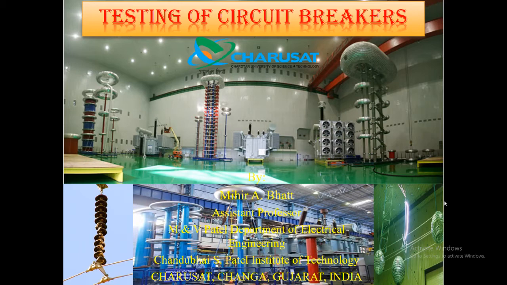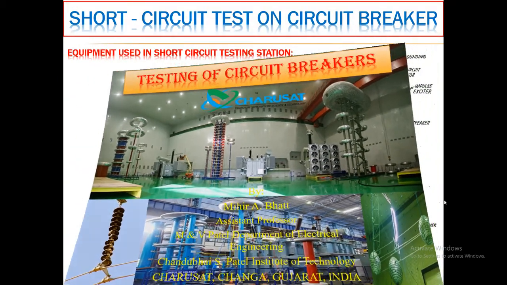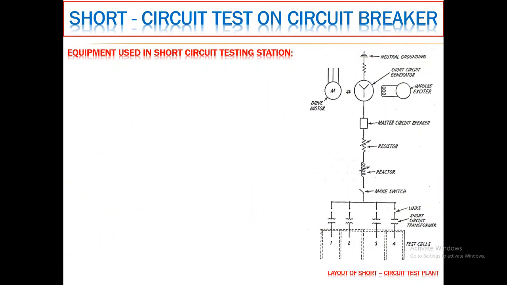So let us move ahead. Short circuit test on circuit breakers. Here you can see I have represented the short circuit plant layout, which is used to test circuit breakers for assigning their rated characteristics.